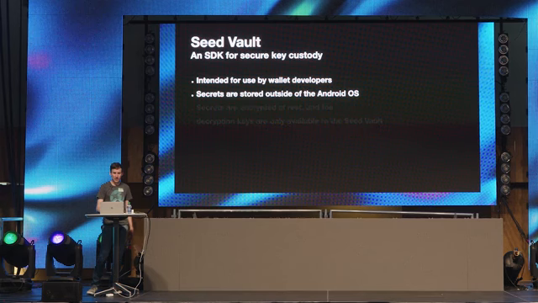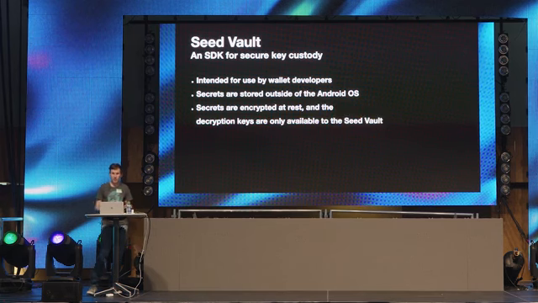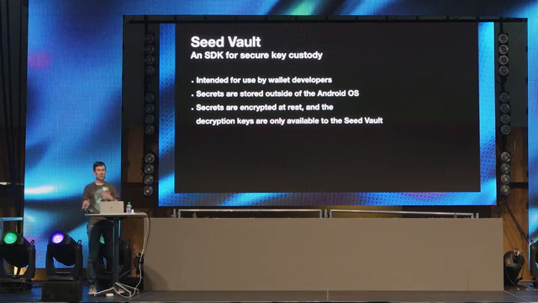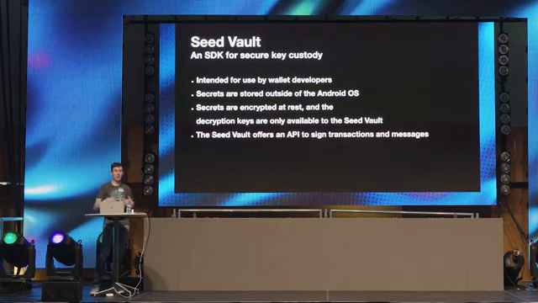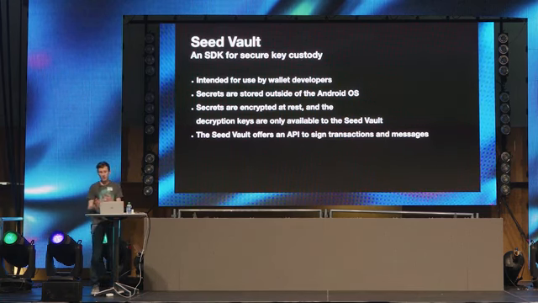And fundamentally, secrets are encrypted at rest, and the decryption keys are only available to the Seed Vault. This aims to prevent a third party from being able to read your secrets even in the event that you lose your device. Now, for all the control that it takes away from you, Seed Vault offers an API back to wallet developers that lets them do the things that matter, signing and sending transactions.